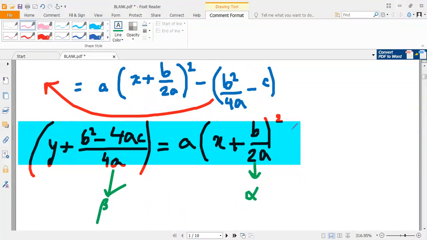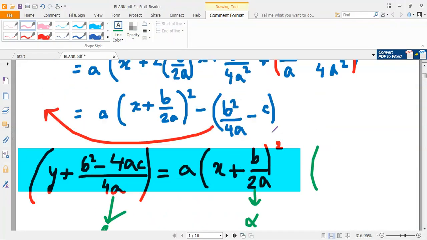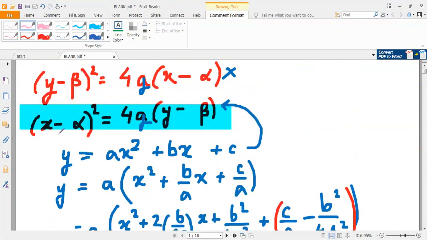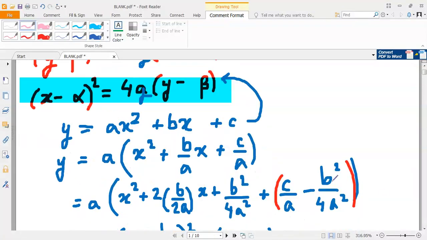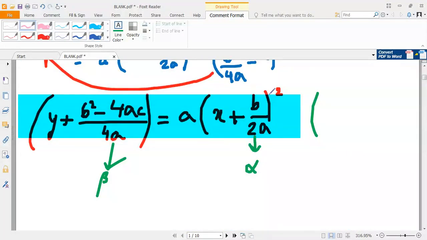So we know the vertex of this parabola is actually, now note that in the original equation that we were comparing it with, the sign preceding alpha and beta were minus, but in our expression, derived from the standard quadratic equation, we have positive. So actually this is minus alpha, and minus beta.